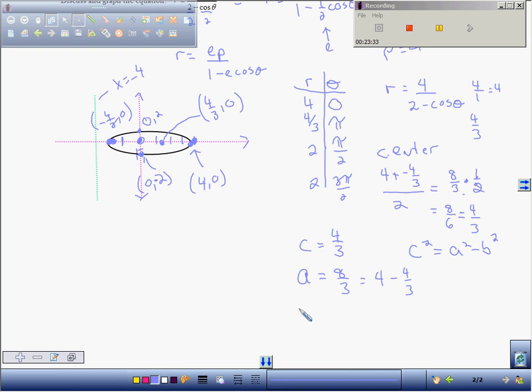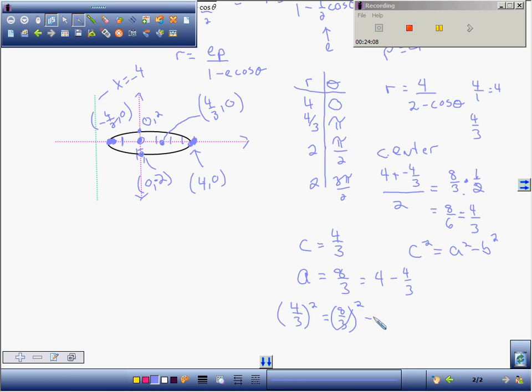Okay, so now you got to be good with fractions. So you go 4/3 squared equals A squared, which is 8/3 squared, minus B squared. Sorry about the messy line there. I'm not going to even try to erase that.